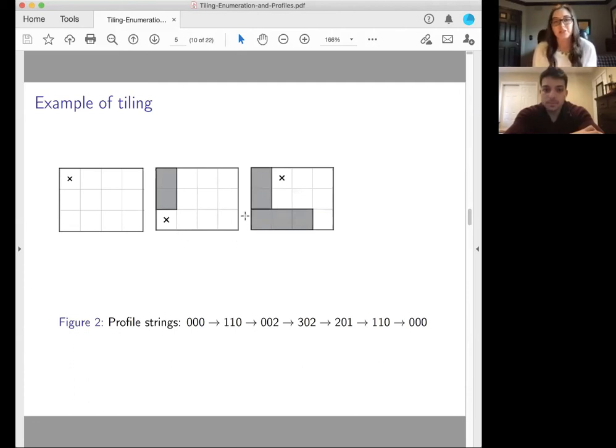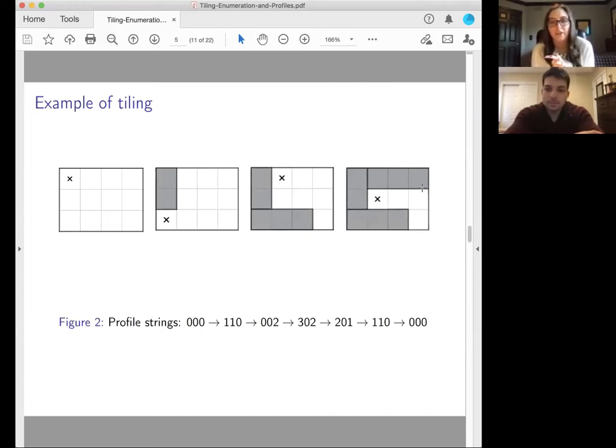Next, we place a tromino horizontally, and this causes the target square to move back up into the first row. And this profile string would be considered a 0, 0, 2 profile string. Next we added another tromino horizontally, and this causes the target square to move down into the middle row, because that is now the leftmost, topmost untiled square.